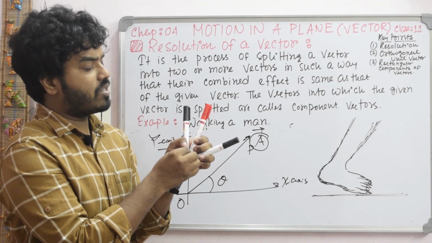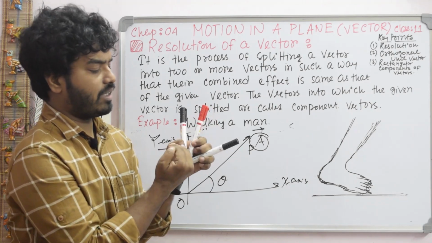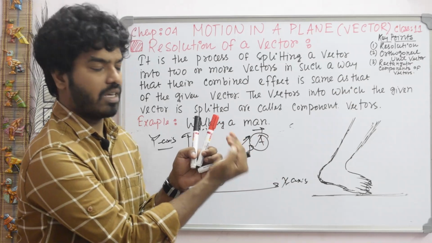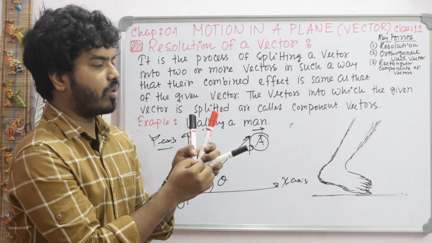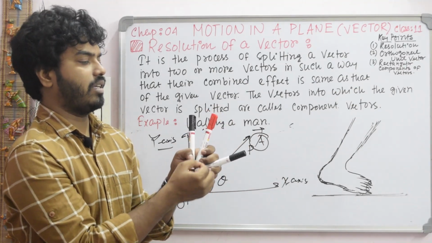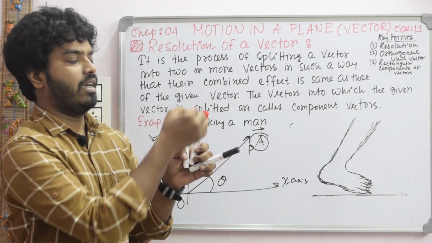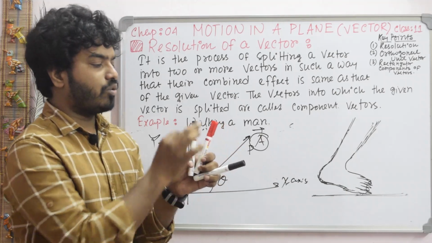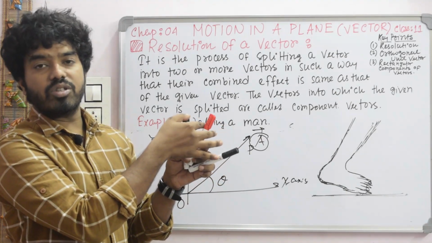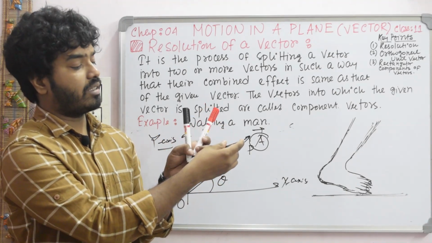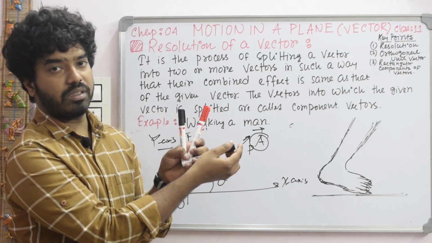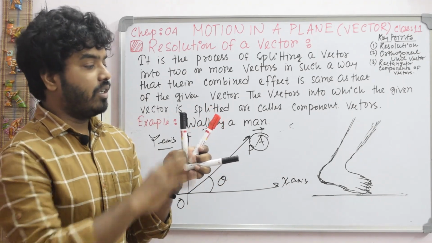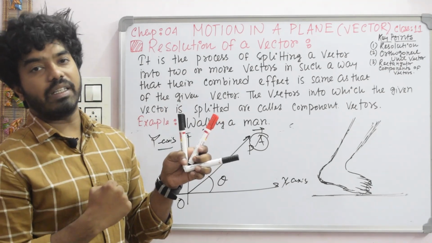That means this vector is moving some distance along x axis, as well as some distance along y axis, that is in the vertical line. So this vector consists of two vectors, one is the horizontal component, and another one is named as the vertical component. So this is our resolution of a vector.